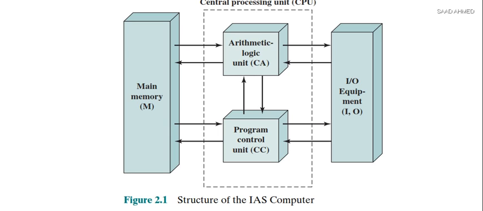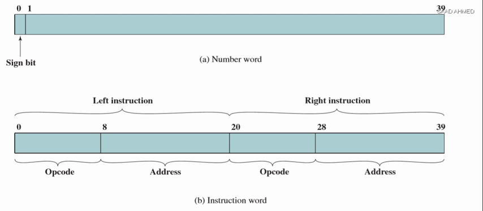So if you look at the diagram, the first thing shown here is the number word, which is stored in this memory location, and it starts with a sign bit. We are going to talk about it later on. So we have bit 0 to bit 39, that makes it 40 bits.